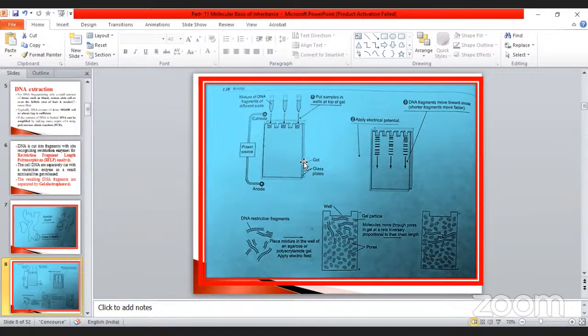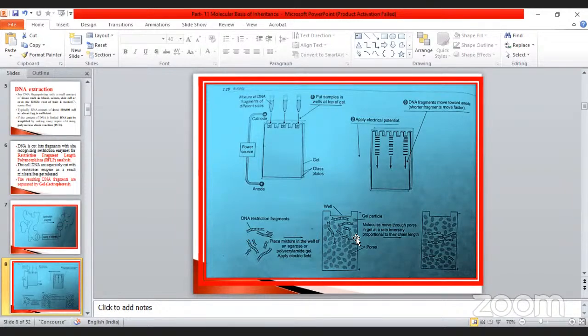After a particular time or particular minutes, the fragments migrate from anode to cathode or cathode to anode. During this, you will obtain band-like structures. See, these are the band-like structures.